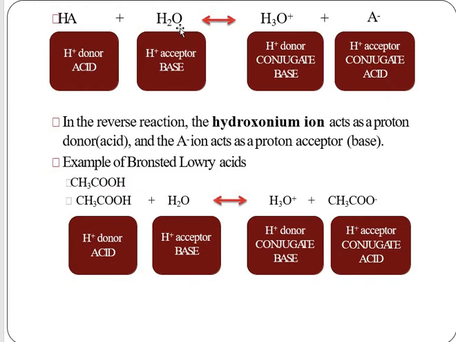So this oxygen of H2O abstracts proton from HA and converts into H3O+ ion. This is called the conjugate acid, and this A- ion is called the conjugate base. This is a general example of acid according to Lowry and Brønsted.